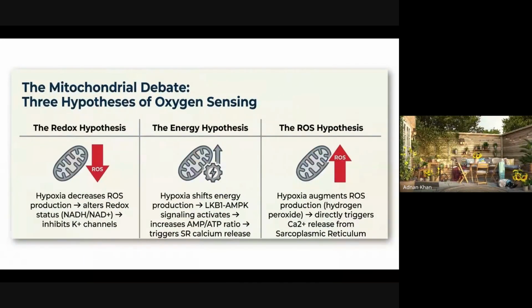These are the three hypotheses of oxygen sensing: the redox hypothesis, the energy hypothesis, and the ROS hypothesis. The redox hypothesis tells us that hypoxia decreases the reactive oxygen species level and causes vasoconstriction through inhibition of the potassium channel, while the energy hypothesis tells us that hypoxia shifts the energy production cycle and produces more adenosine monophosphate that increases the intracellular calcium through the sarcoplasmic reticulum.